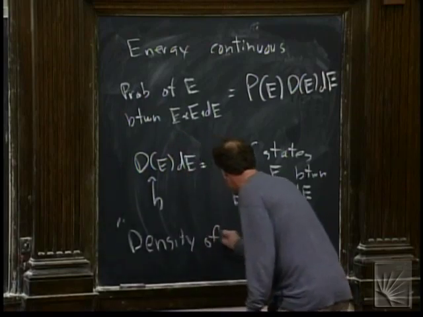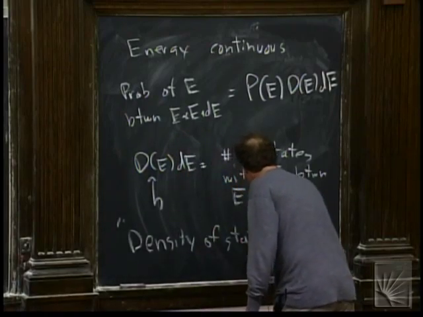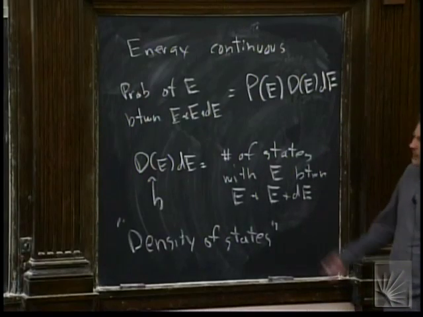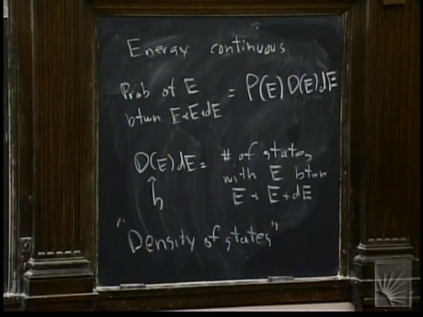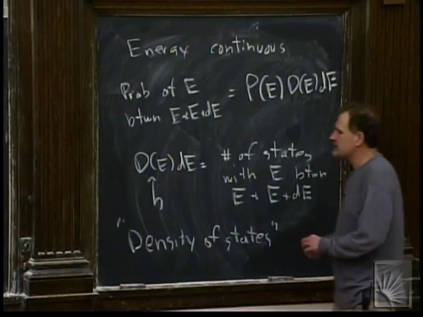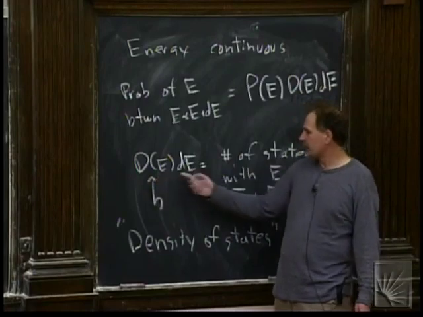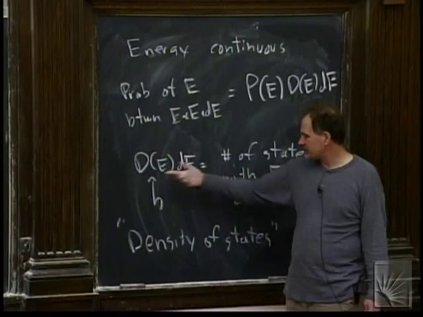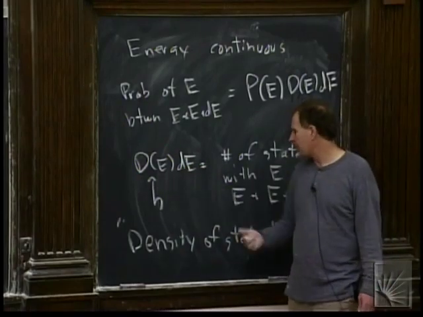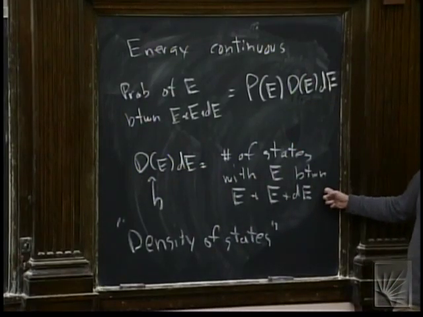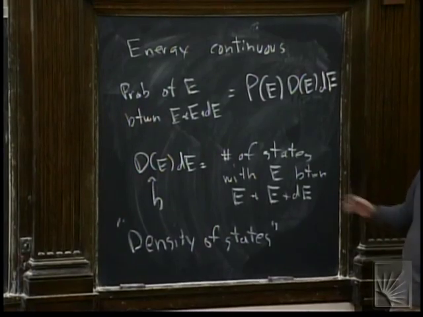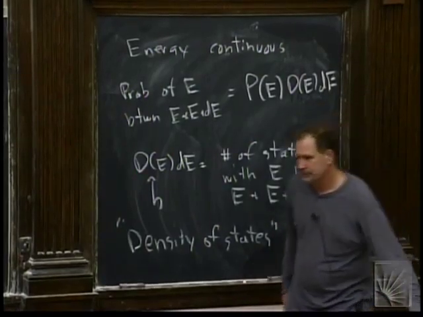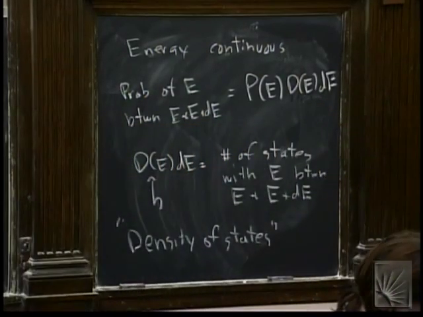It's called the density of states. It's not a probability in the sense that it's not a probabilistic idea, but it's just like we've been doing with probabilities. It's a distribution function. It's something where I have to multiply it by dE in order to get a finite number out of it, but the pair of them is giving me that. And there's nothing else to say about it. When we pick up next time, we'll calculate a couple of examples of d of E. Okay? The density of states. Have a nice weekend.